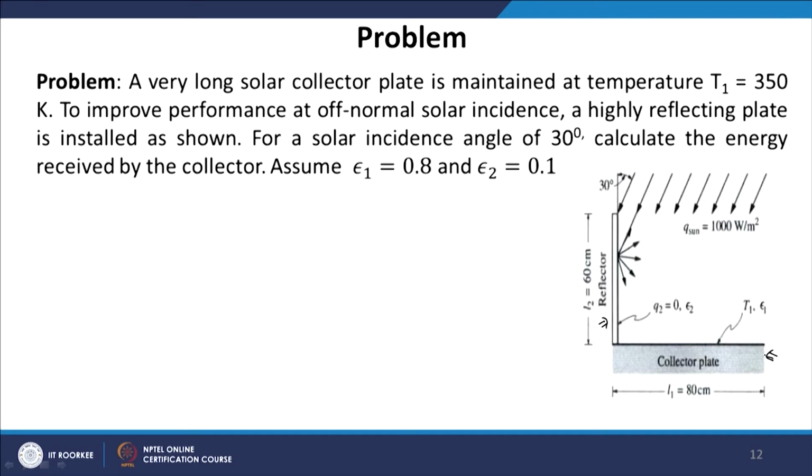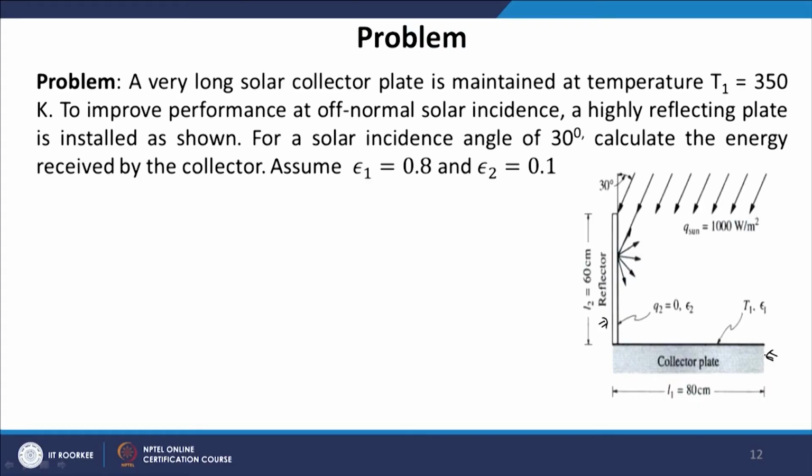It is not a very good emitter or absorber of radiation, but its reflectance is very high, that is 0.9, 1 minus epsilon 2 is 0.9, and it is diffuse, both surfaces are diffuse, and by putting this reflector we assume or we expect that some amount of radiation falling onto the surface will be reflected towards the collector plate and the amount of radiation received by the collector plate should increase. So, let us see how to calculate this problem.